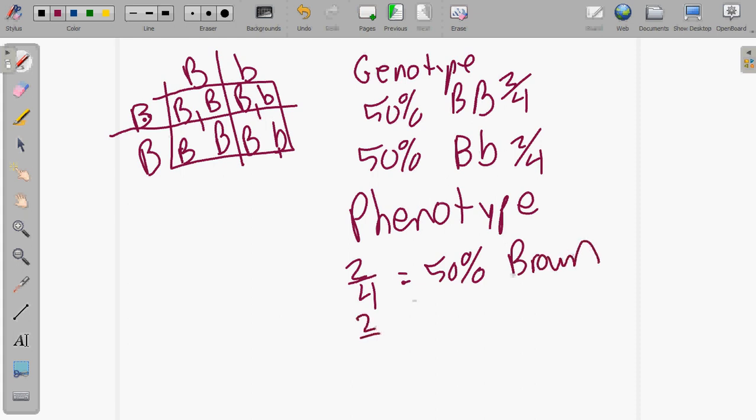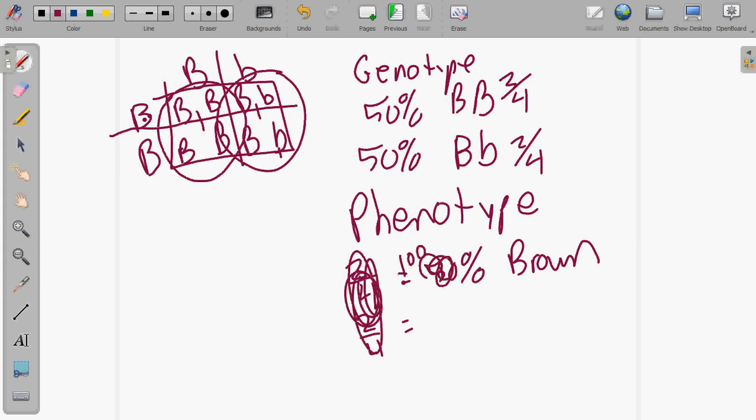These 2 will have brown hair, but these will also have brown hair. So really, you have 100% brown hair. You have 4 out of 4 that will have the phenotype, the physical characteristic of brown hair.